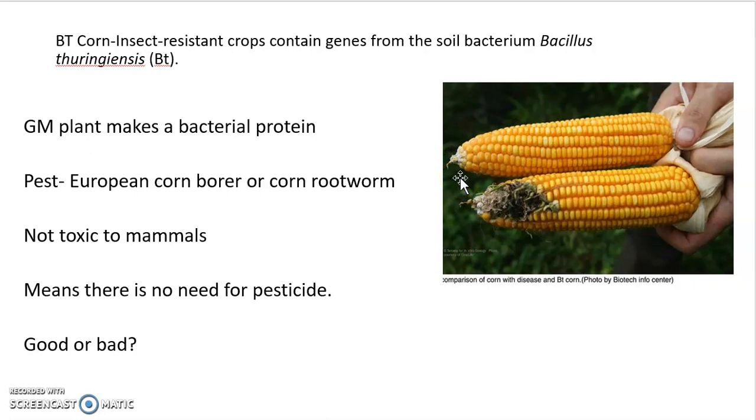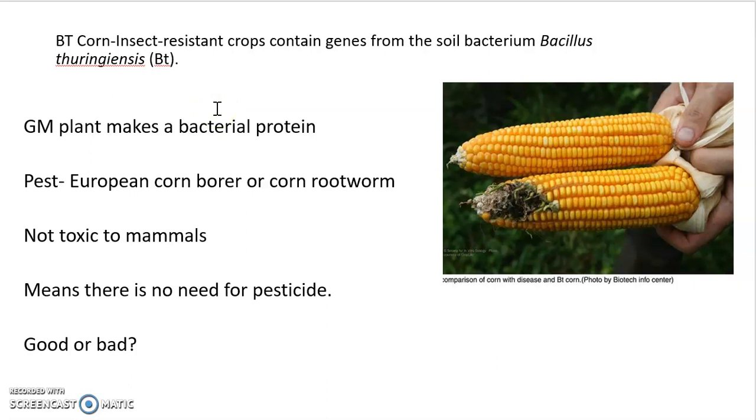Now, if the pollen then starts to breed with a related corn species, but not this particular kind of corn, what you're going to get is the BT gene being transferred into plants that were not intended to have the BT gene, not a crop plant. That can cause problems if it finds its way into a weed. Then what you've got is a weed that's producing the BT gene, and that weed can flourish when you don't want it to be flourishing.